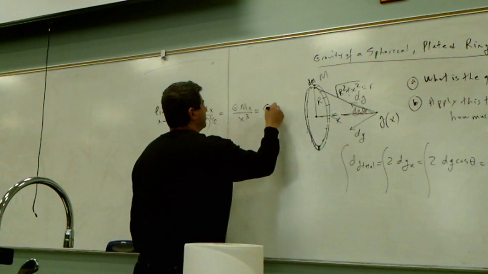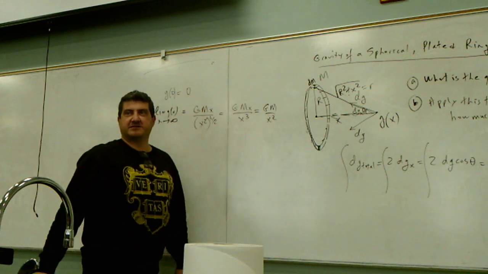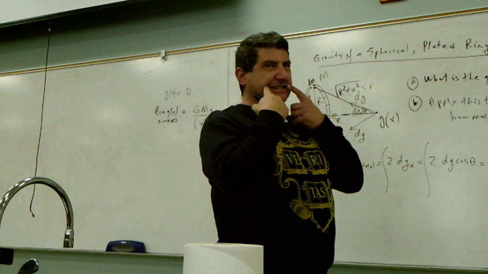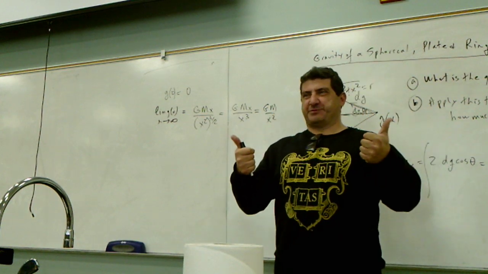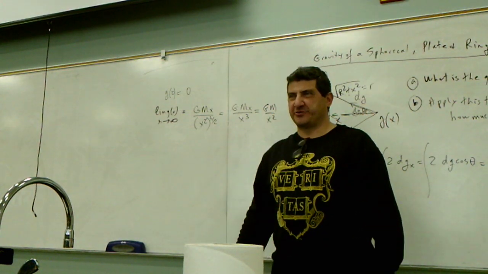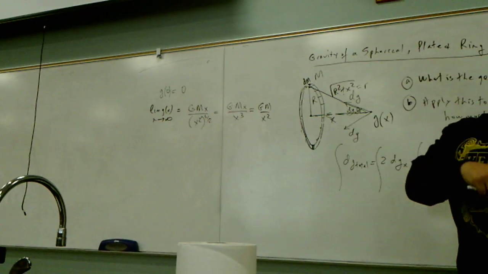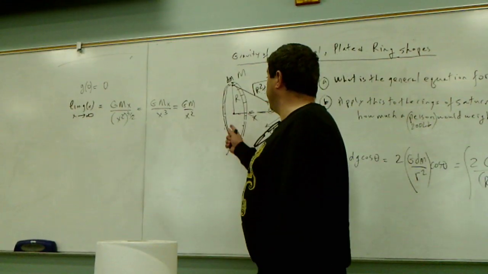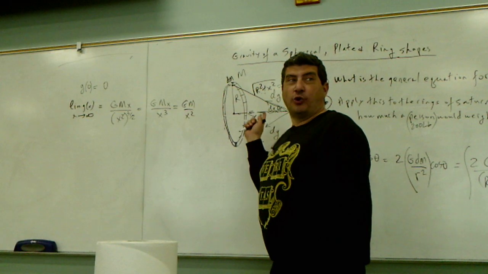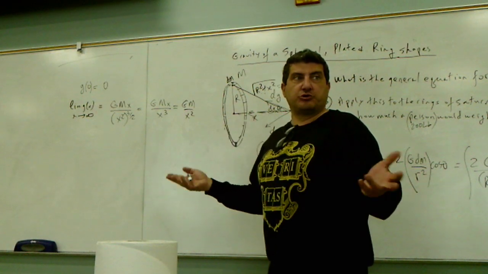G m over x squared. And you can see my smiley face. That's perfect. That means my integration was correct. Why? Because as you get farther and farther away, the gravity of the ring should look like the gravity of a point mass. The ring doesn't look like a ring anymore.